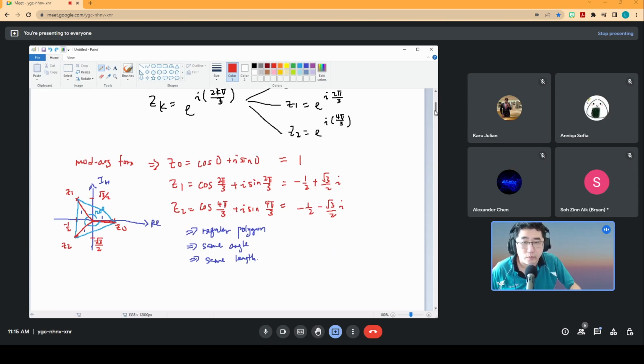Second thing that we want to observe is what happens if I sum these three roots together. You get 2. Oh, wait, no, you get 0.